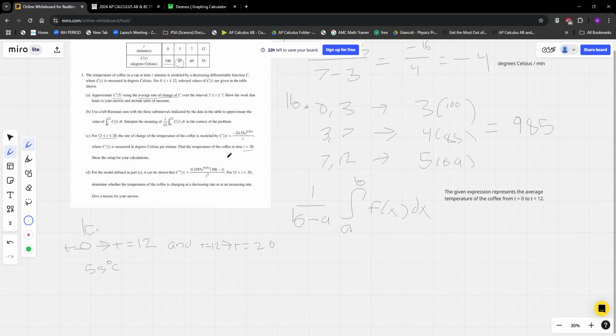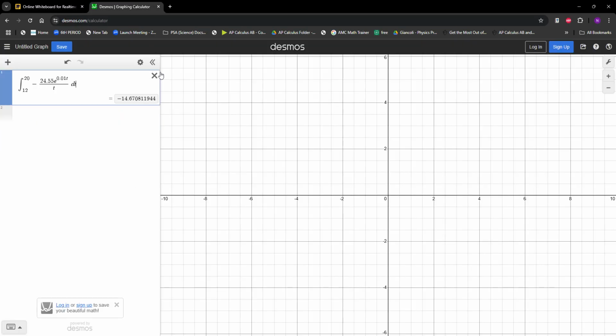The integral of the rate of change gives you the actual quantity that's changing. So it'd be 55 plus the integral from 12 to 20 of C prime of t dt. And since you have access to a graphing calculator, you just plug it in.